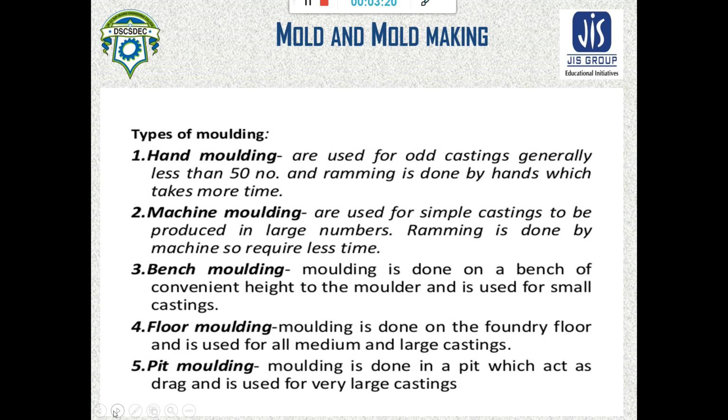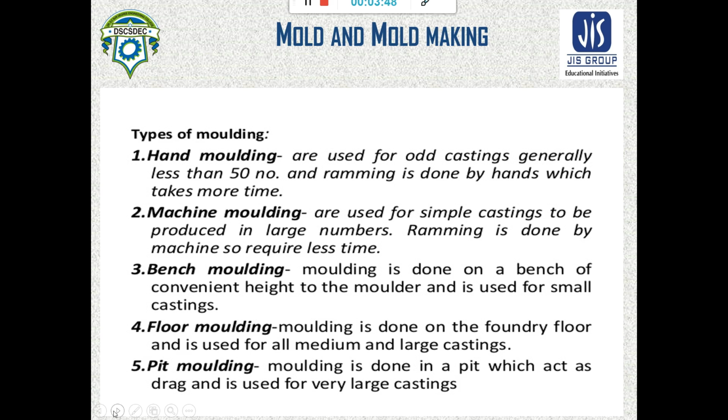Floor molding is done on the floor of the foundry. Pit molding is done for very large castings. In pit molding, the mold cavity is a pit that is made in the ground.